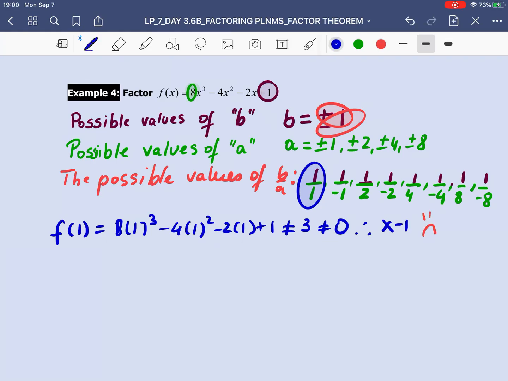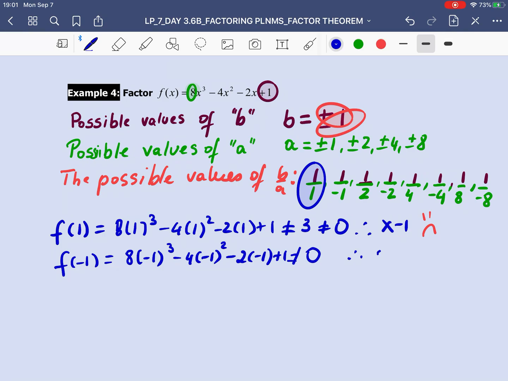The other one is f of negative 1. So 8 times negative 1 cubed, minus 4 times negative 1 squared, minus 2 times negative 1, plus 1. So that's negative 8, and then negative 4 times positive 1, negative 12, and then plus 2 is negative 10, plus 1, negative 9.